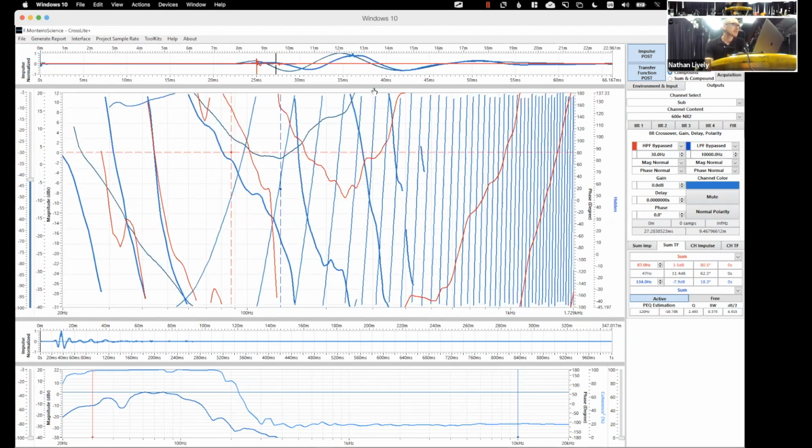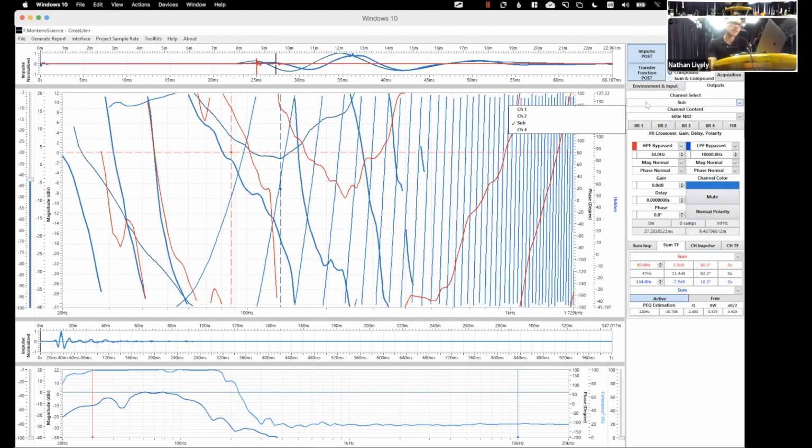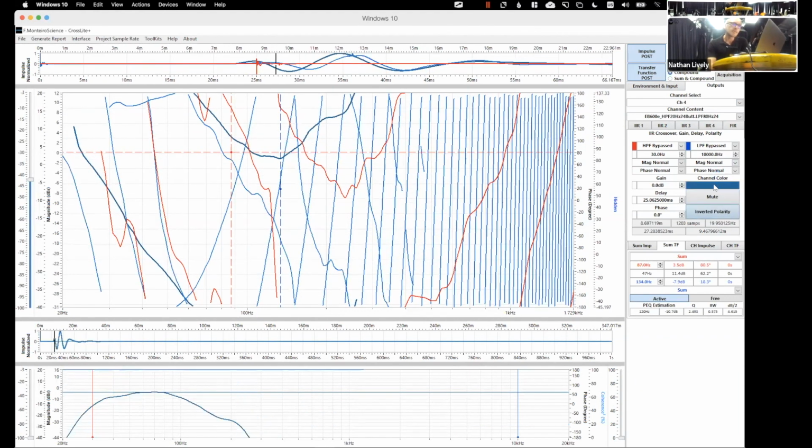And yeah, again, something is messed up here. Anyway, yeah, there's some extra blue line in there.